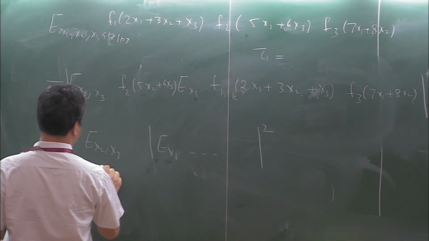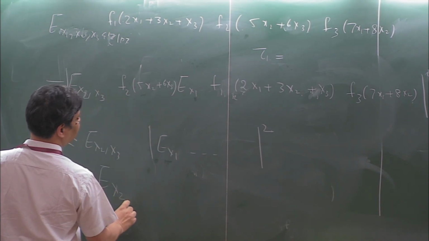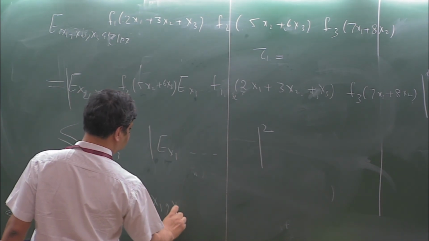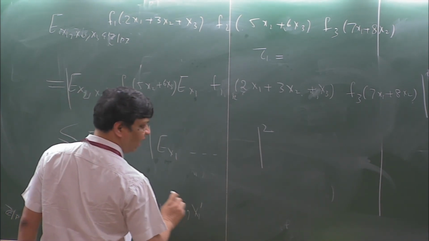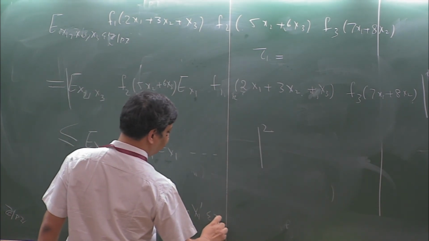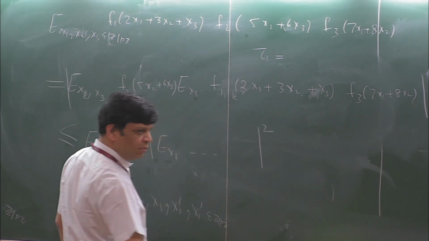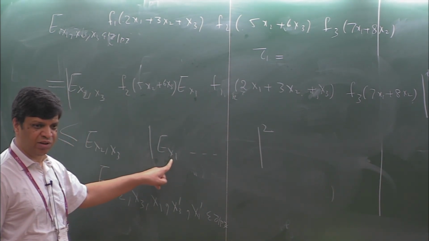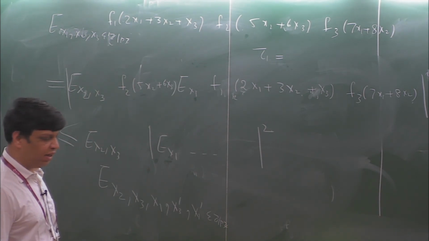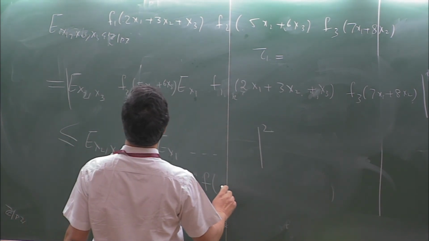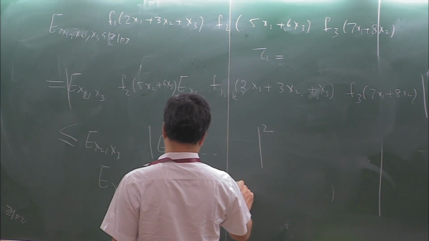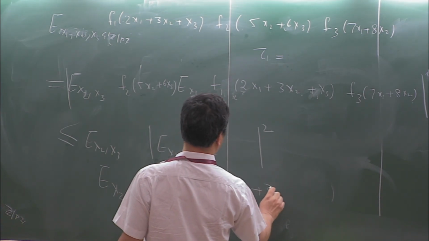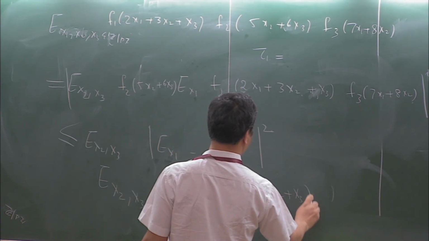And what will happen now? The expectation over x2, x3, x1, x3 prime, x1 prime belonging to Z mod pZ. Because of the duplication, whenever I apply Cauchy-Schwarz the inner one becomes duplicated, the variable, and this will become what? x2 is not duplicated, all the other variables are duplicated: 2x1 plus 3x2 plus x3.